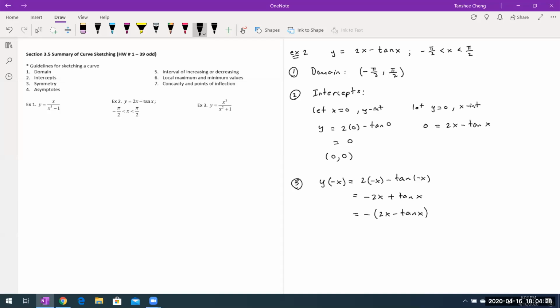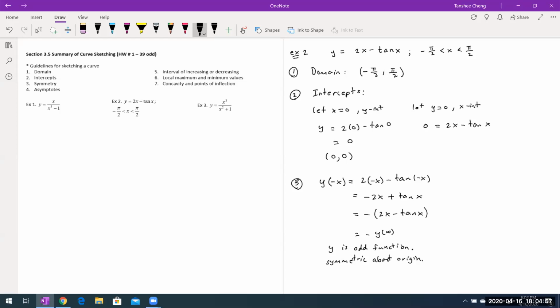So basically we got a negative of y of x. This tells me y is an odd function, and that basically tells me it is symmetric about the origin. So that's the symmetry that we have.